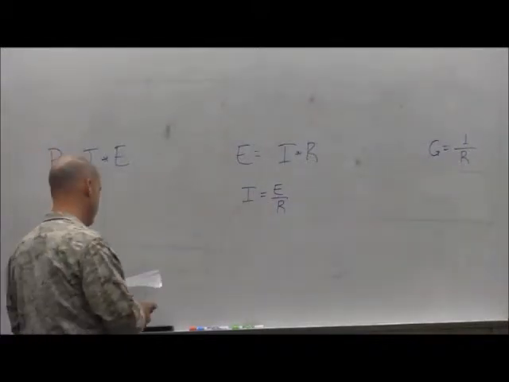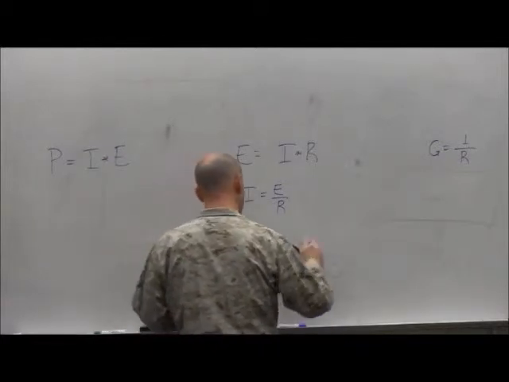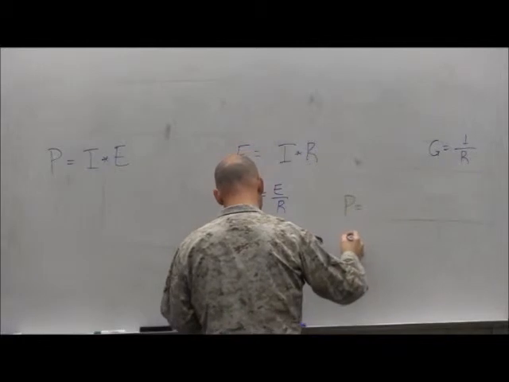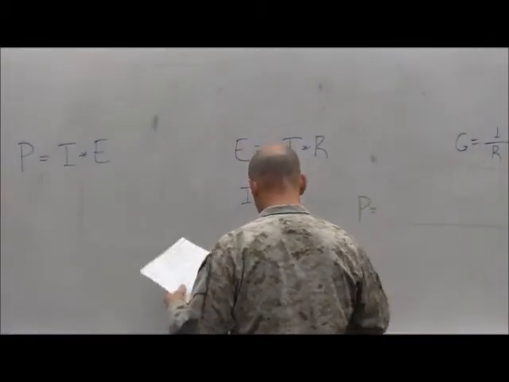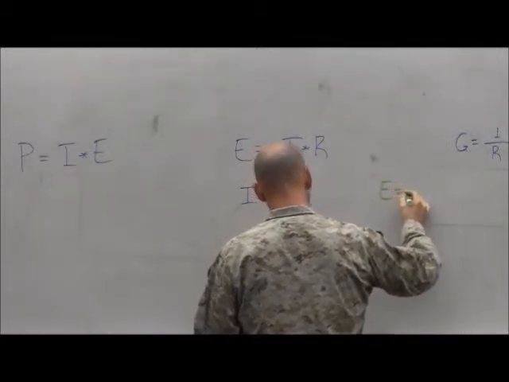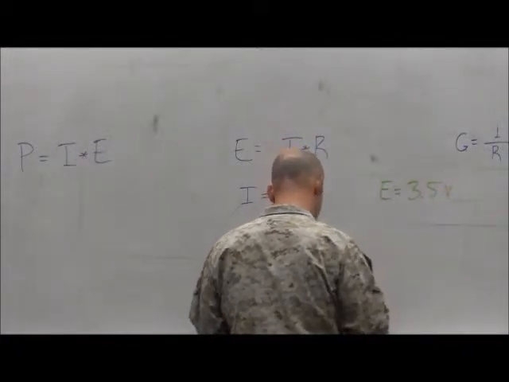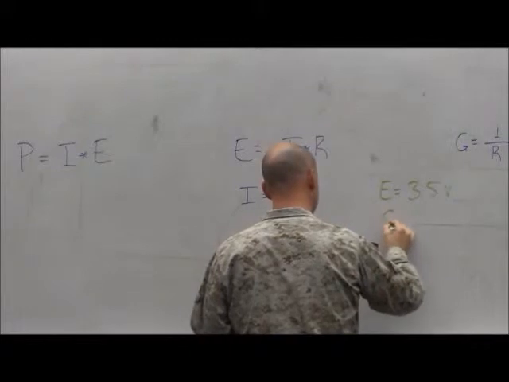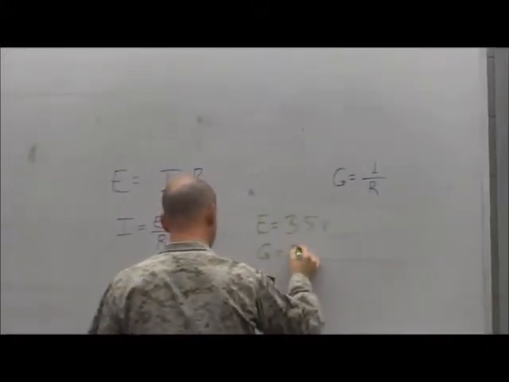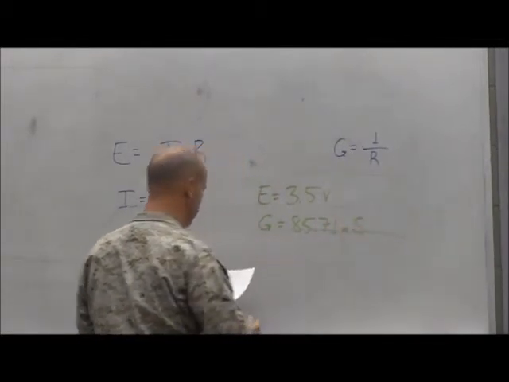Okay, so let's say we are given a voltage equal to 3.5 volts, and conductance equal to 85.71 millisiemens.